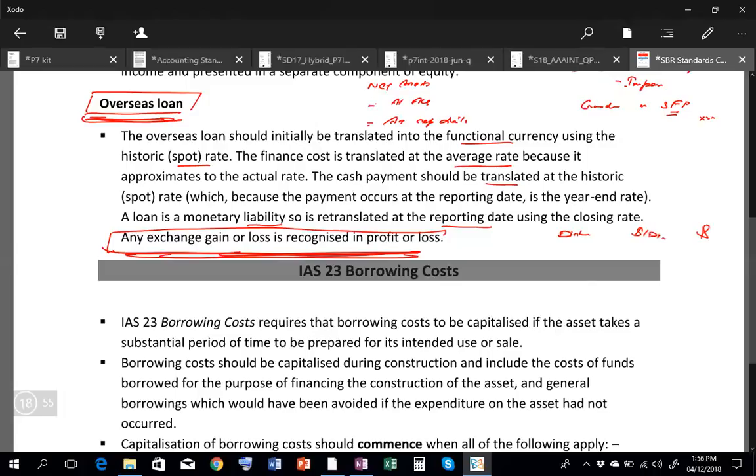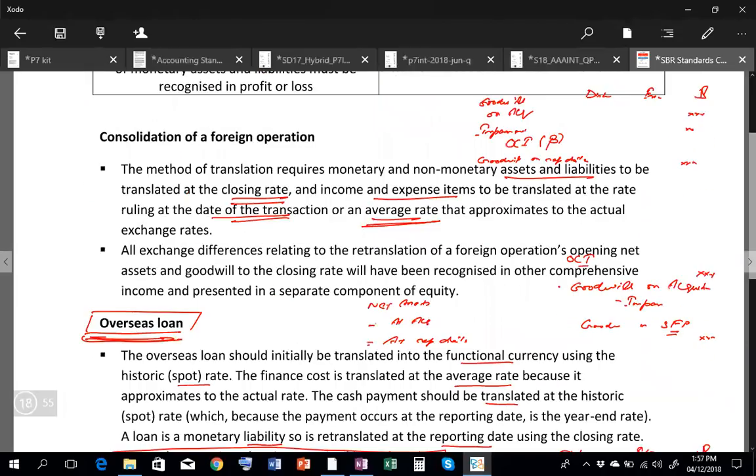You took the loan, converted it into dollars, then made some payment. Again, you will use the same approach, and then you have the closing balance, which is unsettled, and then there will be a balancing figure showing the gain or the loss. So this is the simplest way you need to record IAS 21, and again, this is an important thing for the exam.